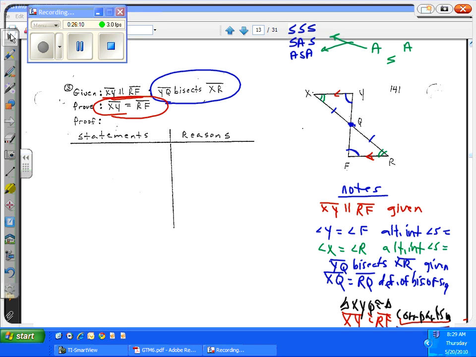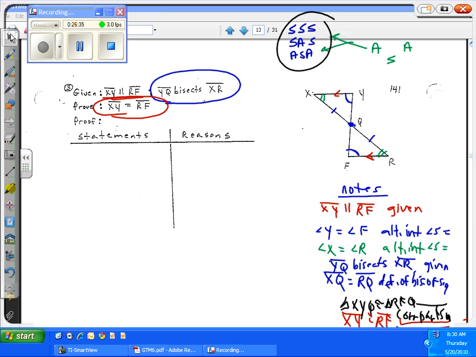Now, if I'm going to call the first one XYQ with X first, then I've got to call the second one R. X goes with R, see? And then I had Y, and Y goes with F, we know. So then Q would go to Q. But I would have to have a reason for naming them congruent, and my only choices are side, side, side, side, angle, side, and angle, side, angle.